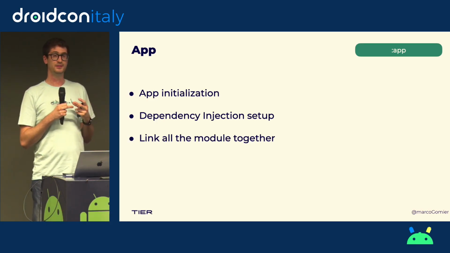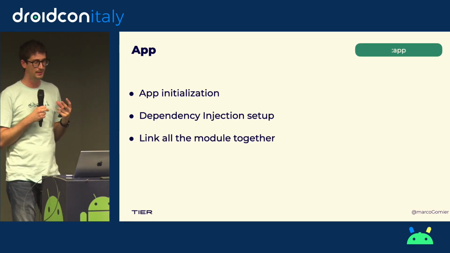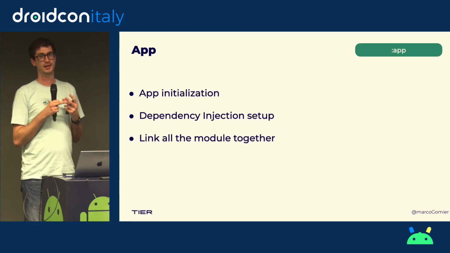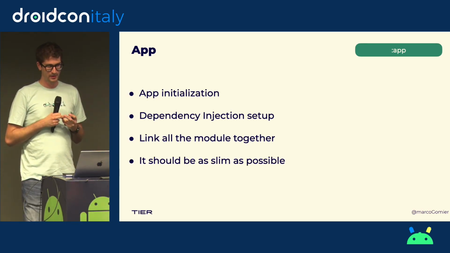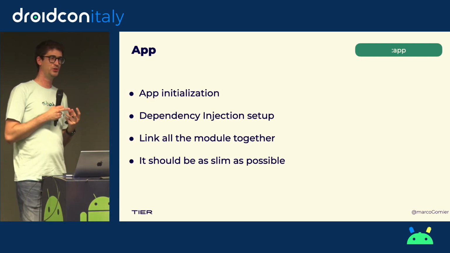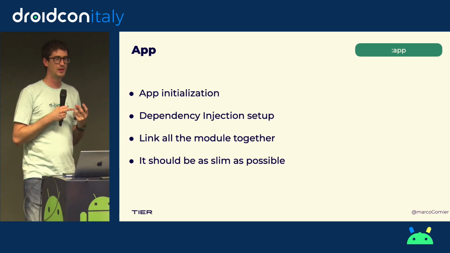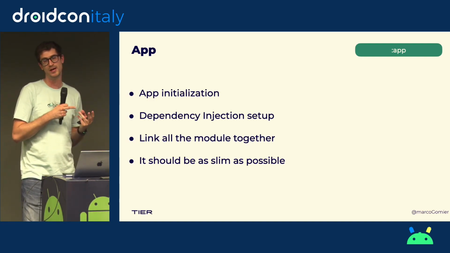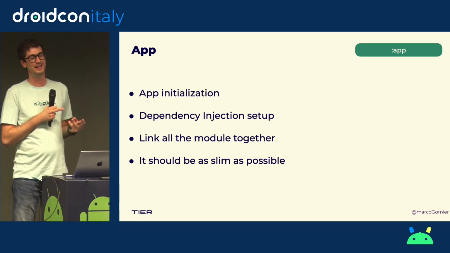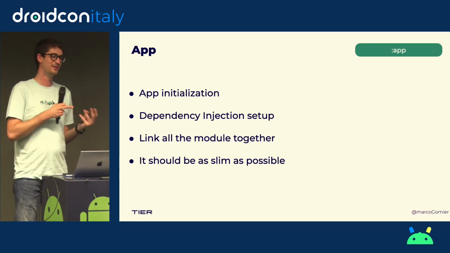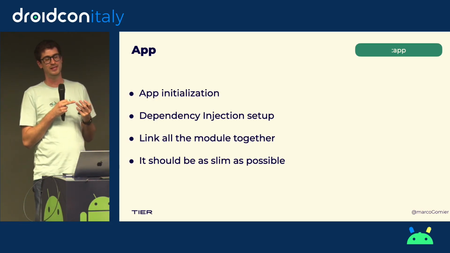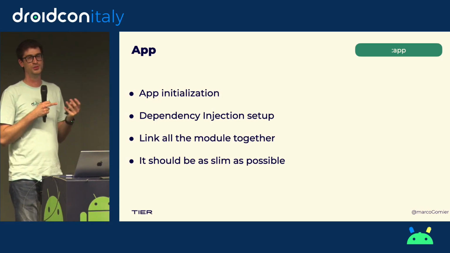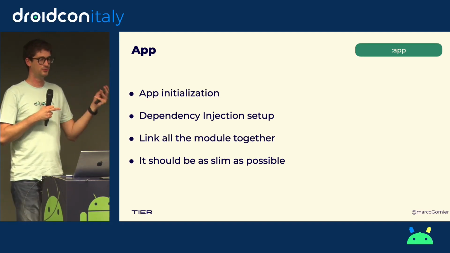And it is responsible for linking all the modules together, because the application is the only module that sees everything. Of course, we should keep the app module as slim as possible, because we are moving away from having everything in the app module. It is just responsible for launching the application and not for doing everything else.